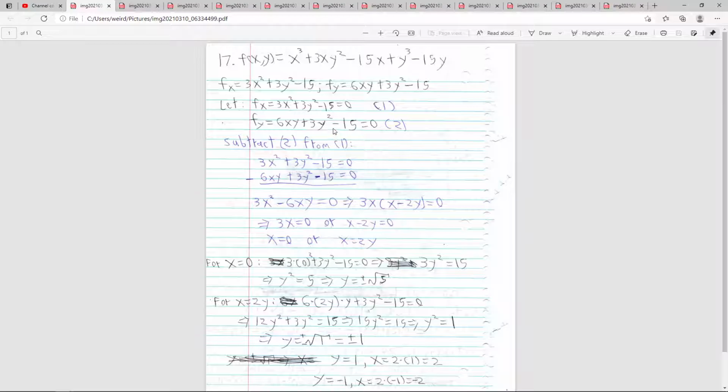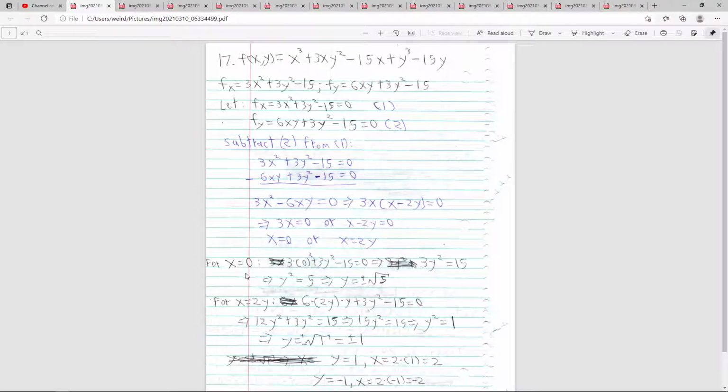I suggest you actually subtract them this time to make it easier. So you subtract the 2 equations, and you get 3x squared minus 6xy equals 0, which means you can divide out 3x, so you get 3x times x minus 2y equals 0. It means 3x equals 0, or x minus 2y equals 0, so x equals 0, or x equals 2y is what that simplifies down to.